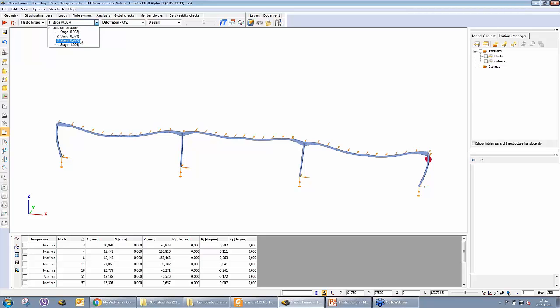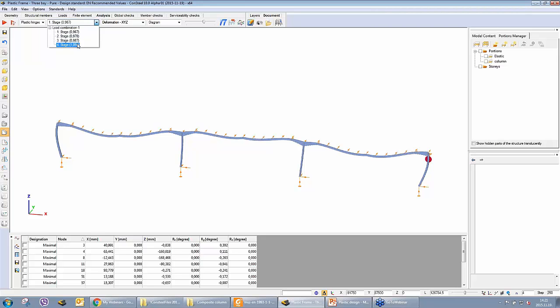That means that at the design load level we now have a plastic part of our model, and this is because of the second order effect. So the second order effect created a different situation at the design load level.